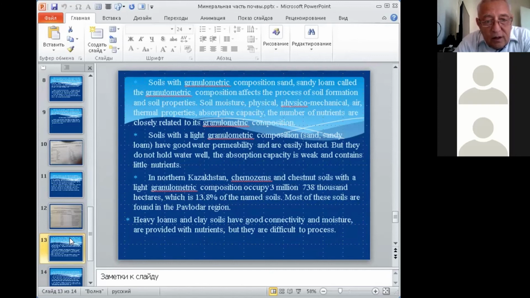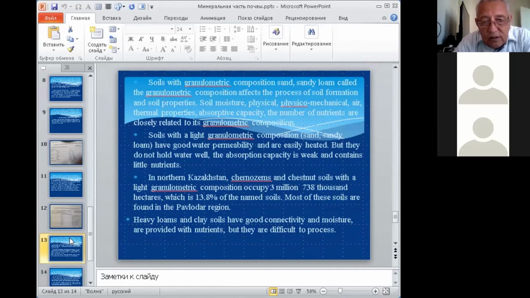In northern Kazakhstan, Chernozem and chestnut soils with a light granulometric composition occupy 3,738,000 hectares, which is 13.8% of the named soils.